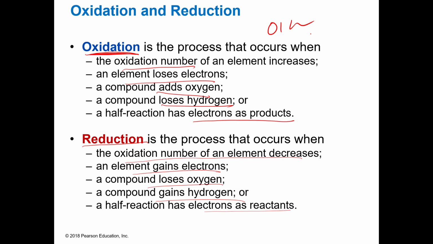OIL, okay, it loses electrons, therefore the electrons are on the product side, right? And then it adds oxygen, that's why it's oxidized, okay? It loses hydrogen because that's what happens when you're in a water environment and you've got hydrogens and oxygens. So if you'll just remember this one, then just remember this one is the opposite. And that cuts in half the things you have to memorize.